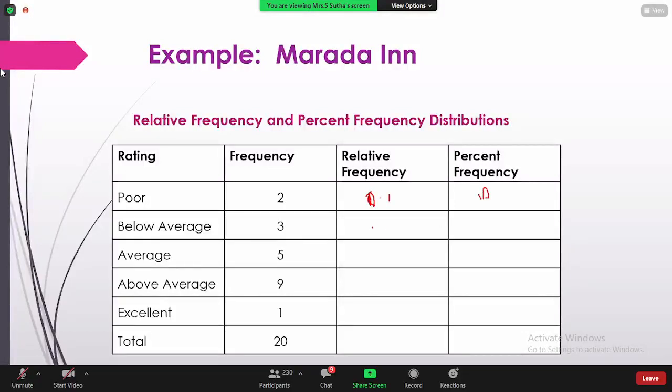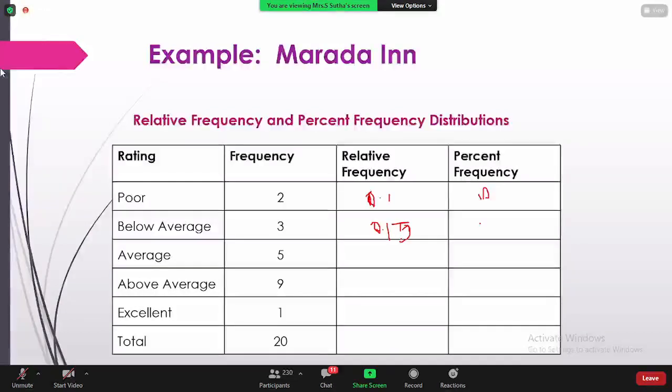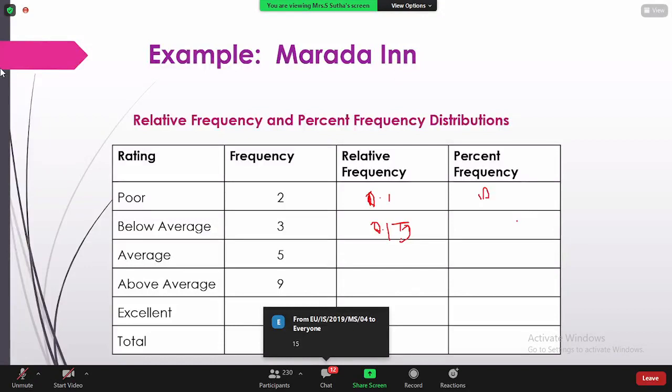Then below average, what is the relative frequency for the class below average? 0.15. And the percent frequency? 15, right?